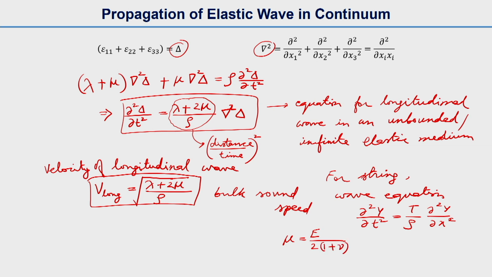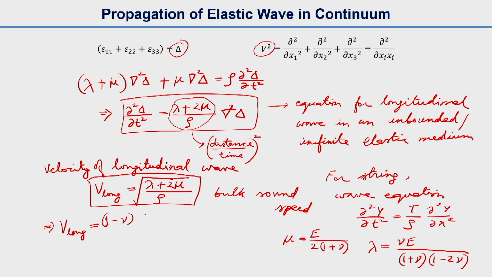Here E is the Young's modulus, nu is the Poisson's ratio, and similarly lambda is equal to nu E, Poisson's ratio multiplied by Young's modulus, divided by 1 plus nu and multiplied by 1 minus twice nu. Now the wave velocity V longitudinal can be expressed in terms of Young's modulus and Poisson's ratio.